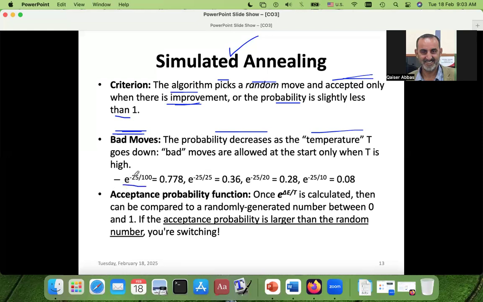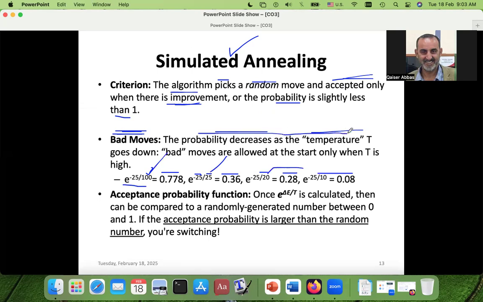If we have e raised to the power minus 25 divided by 100, where the temperature is higher, you get 0.7. Then we lower the temperature: this is fixed, but with the temperature lowered to 25, the probability is 0.3, and if I make it 20, the probability would be 0.28, and it keeps decreasing. So when you lower the temperature, the probability value also decreases.